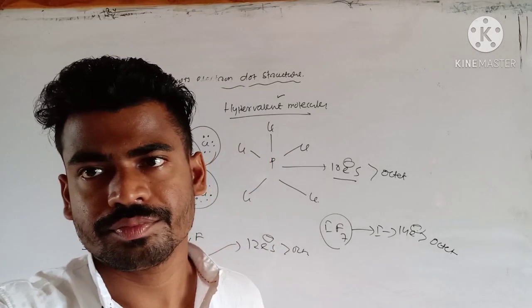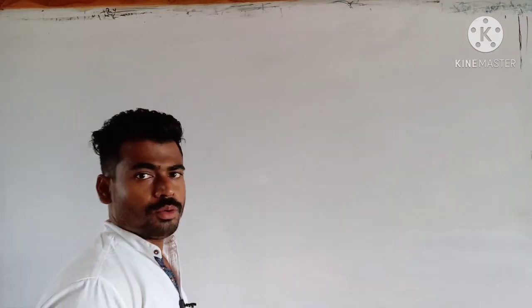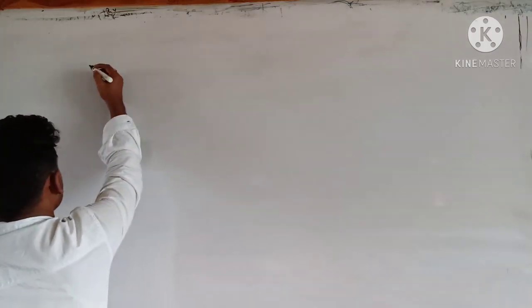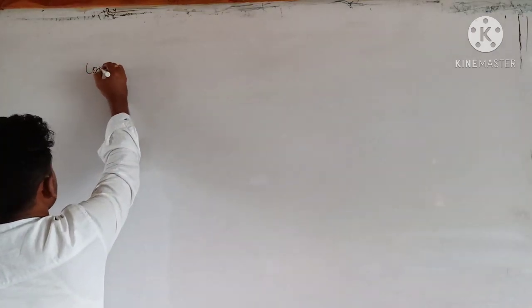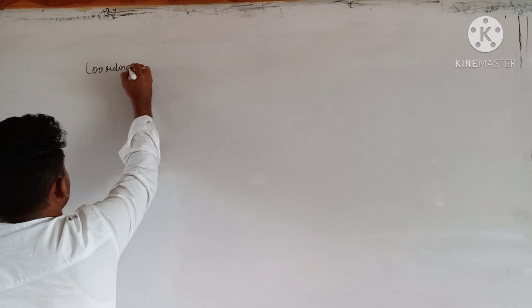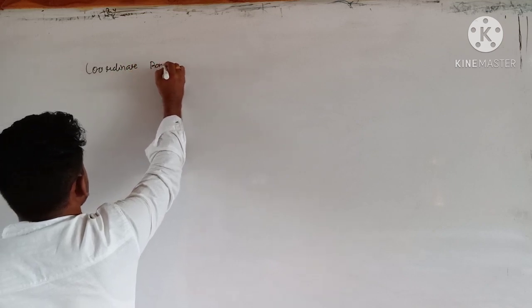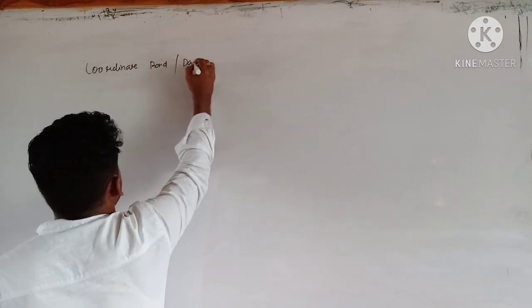Is that clear? Next, we will discuss the coordinate covalent bond, or simply the coordinate bond, or this is called the dative bond.